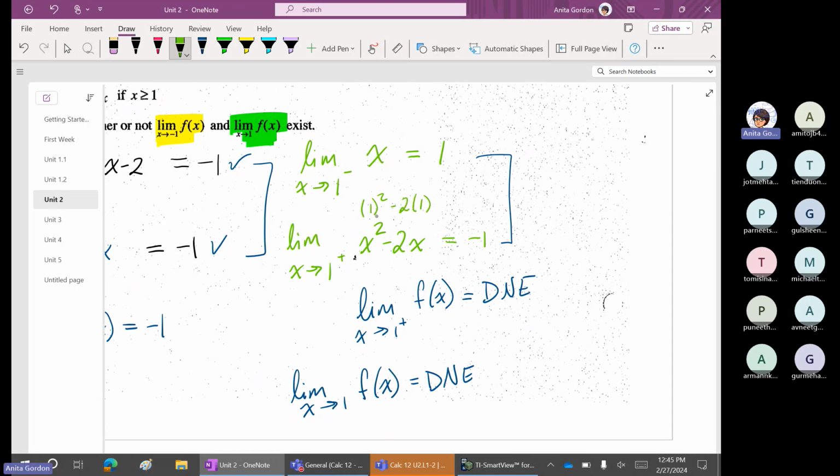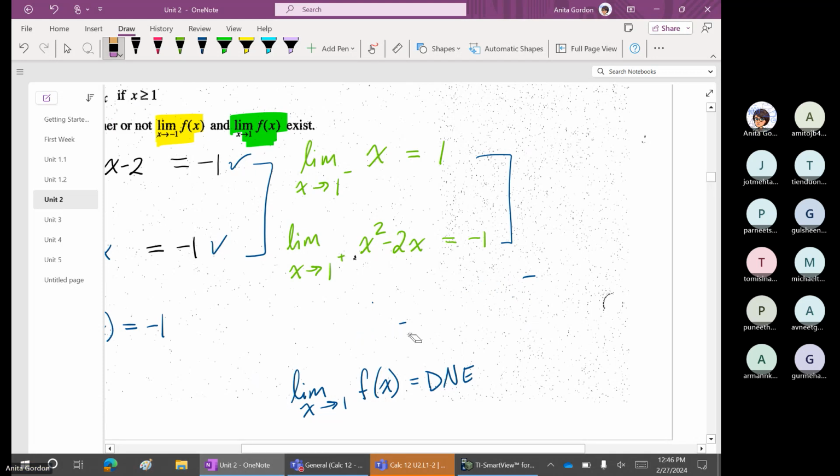So 1 squared is 1 minus 2 is -1. Yeah. Yes. Say that again. Oh, because I'm just dyslexic.